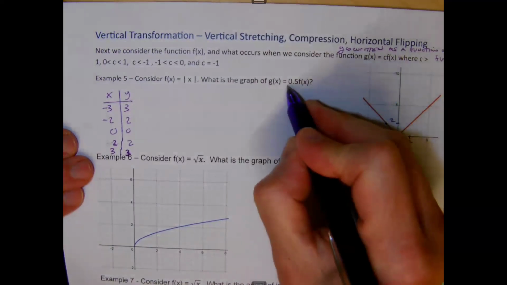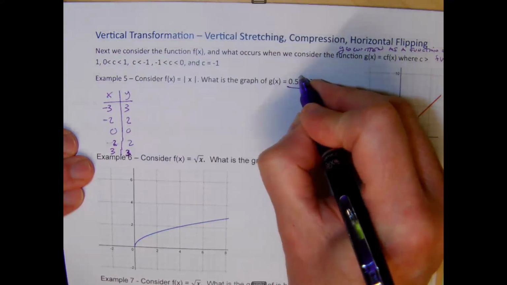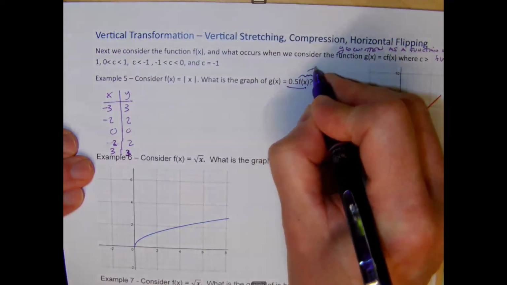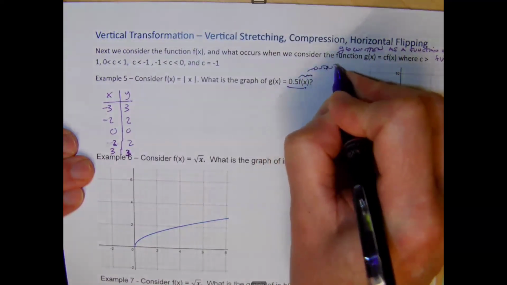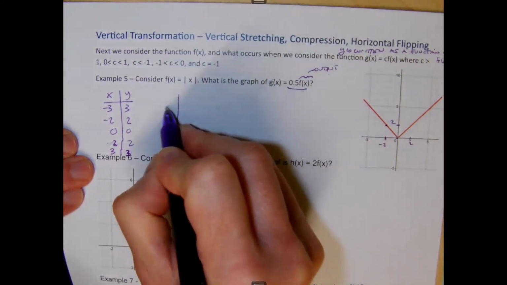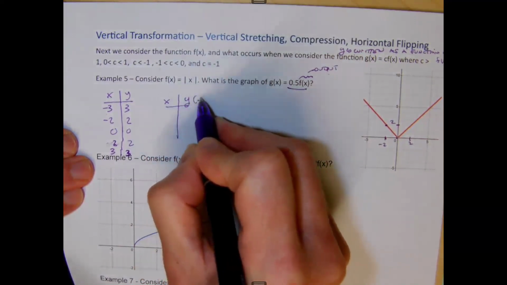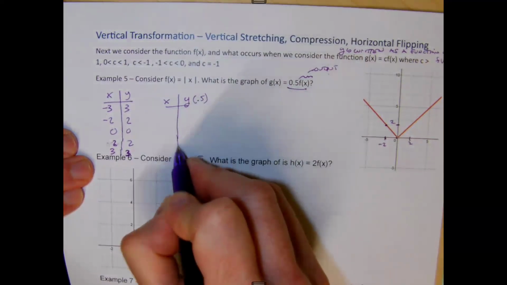And what am I doing? It says take the output. Again, remember, f of x, this whole symbol is my output together. And it says take the output and multiply it by 0.5. So what it's saying is, here's my output, multiply that by 0.5.